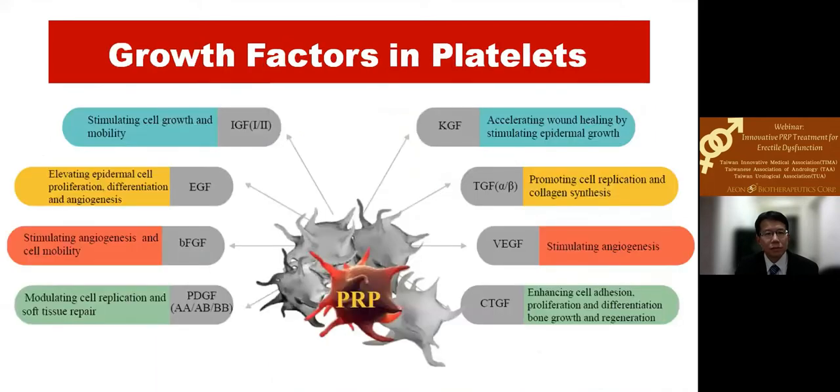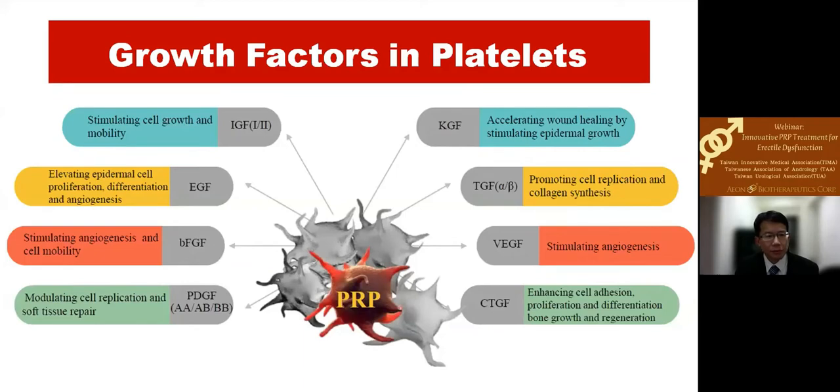If we look at more details of these growth factors, IGF-1 and 2 would stimulate cell growth and mobility. The EGF would elevate epidermal cell proliferation, differentiation, and angiogenesis. The bFGF would also stimulate angiogenesis and cell mobility.